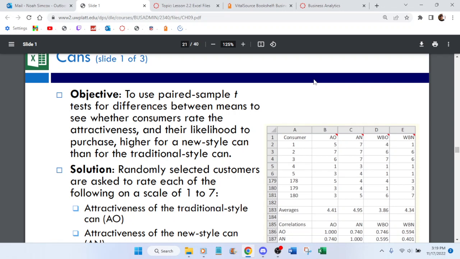Randomly selected customers are asked to rate each of the following on a scale of 1 to 7.